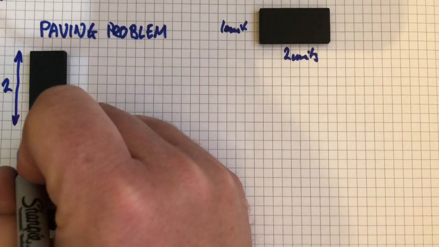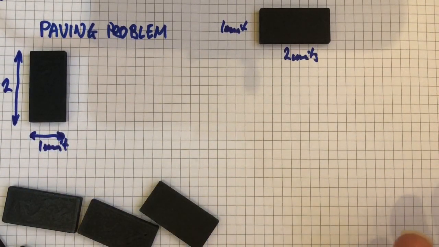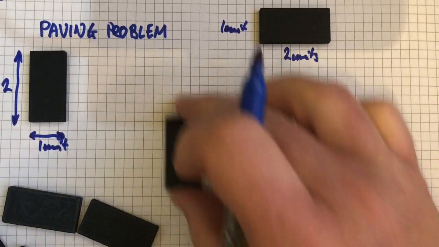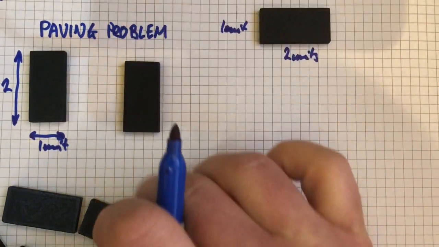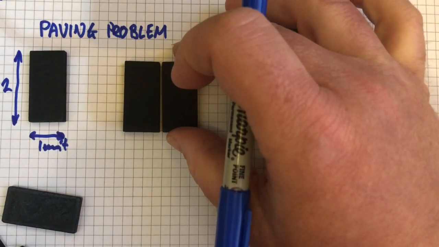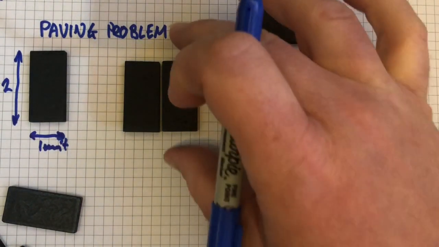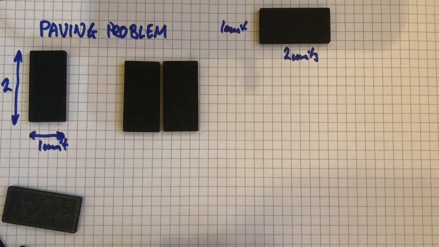Now, if I wanted a path that was 2 units long, again 2 units wide. Now, all my paths I like to have 2 units wide. Okay, so if I wanted to make it 2 wide, then I could have one there and one there. That's one way, isn't it? Okay, if I move it there, you can see the gap a little bit clearer.